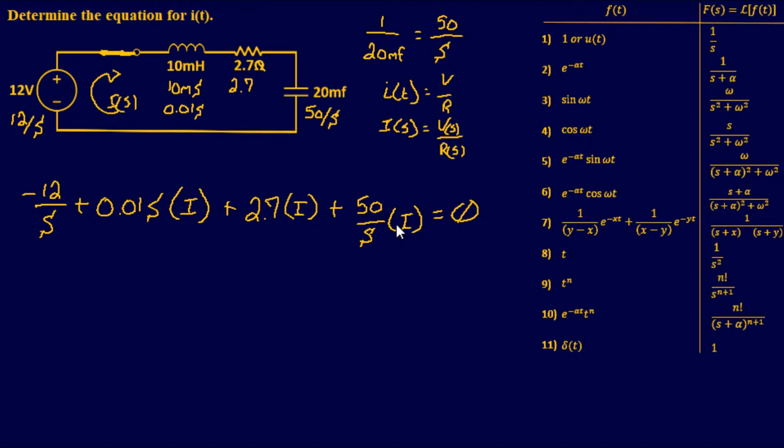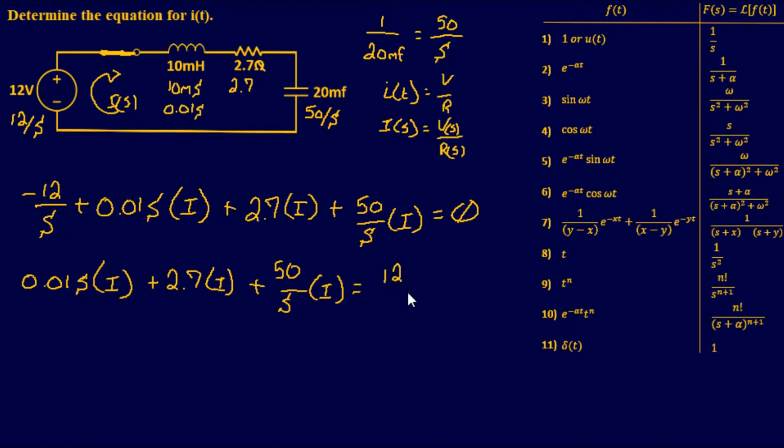So right now we have a very simple equation off the start. Well, let me clean this up. Let me go ahead and get our voltage source on the other side of the equation. So it's going to be 0.01 S times current plus 2.7 times current. It's a lot of rewriting here. It's our capacitor times current, and that's going to equal, and I'm going to add 12 over S to both sides, so it's going to be 12 over S. So far, so good.